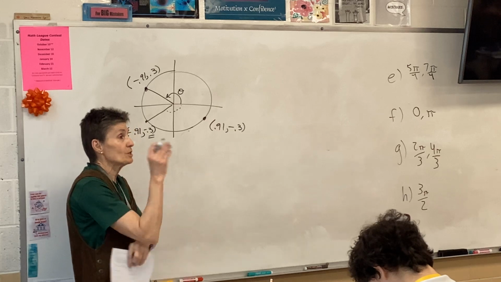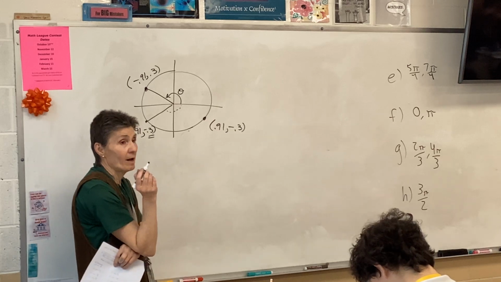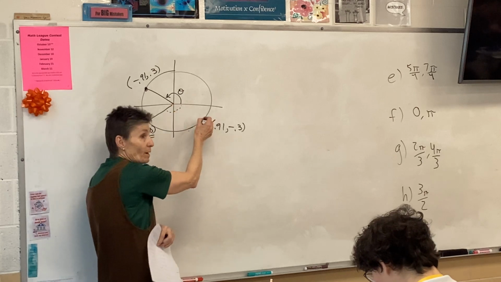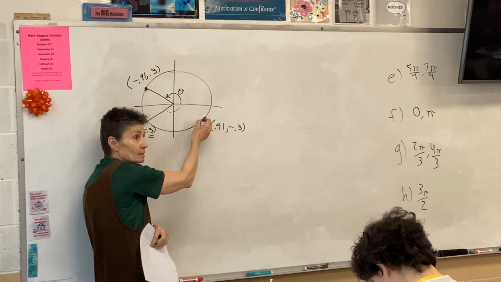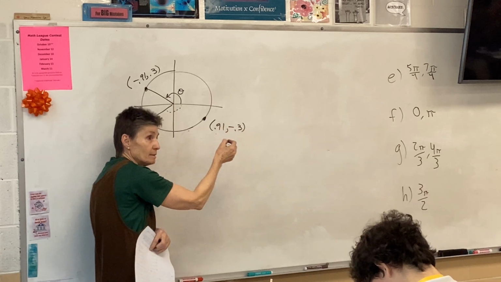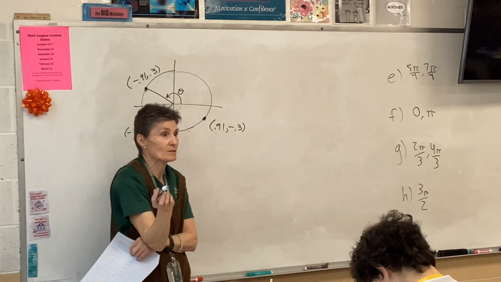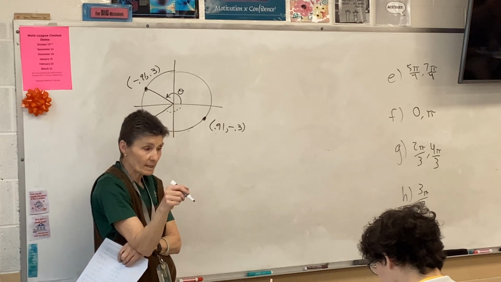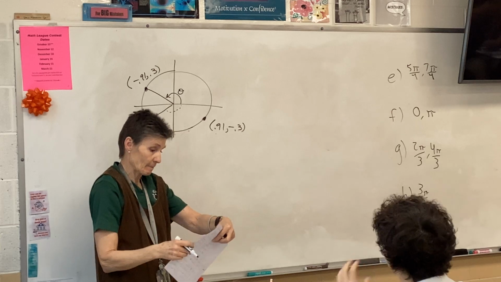And then tangent of theta plus pi. Well, didn't we say theta plus pi would be right here? So won't that be negative 0.3 over 0.91, which is the same as whatever the answer is. I just have to say it. All right, Kellen, does that make sense to you now? Yep.